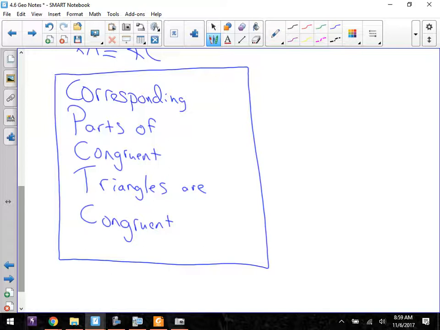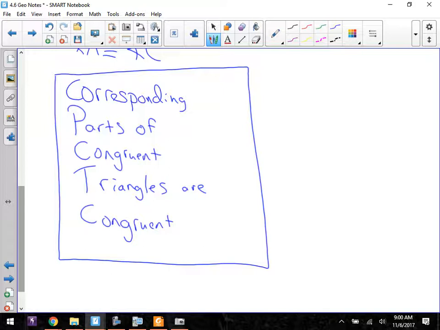Well, what happened then is that we only had to show certain things: side, side, side; side, angle, side; and so on. Well, it works going both directions. You can show just those little bits like we've been doing, and then once you have triangles that are congruent, all of their corresponding parts are congruent.